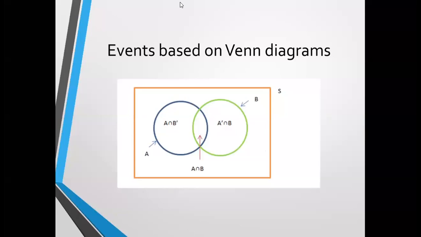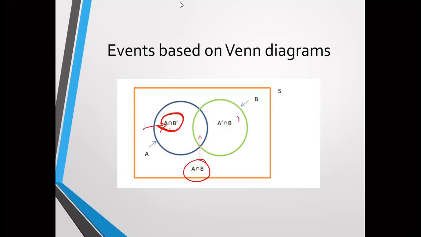Anyway, we were discussing events based on Venn diagrams. We discussed how to identify A intersection B or A and B. Then we discussed A and B dash, that means the elements common to both A and B dash.